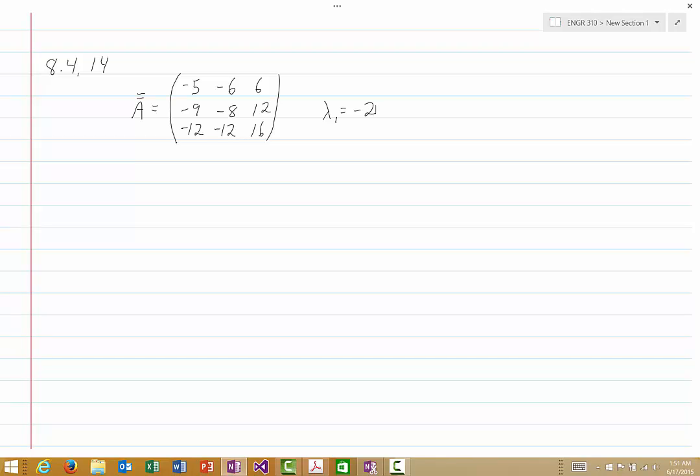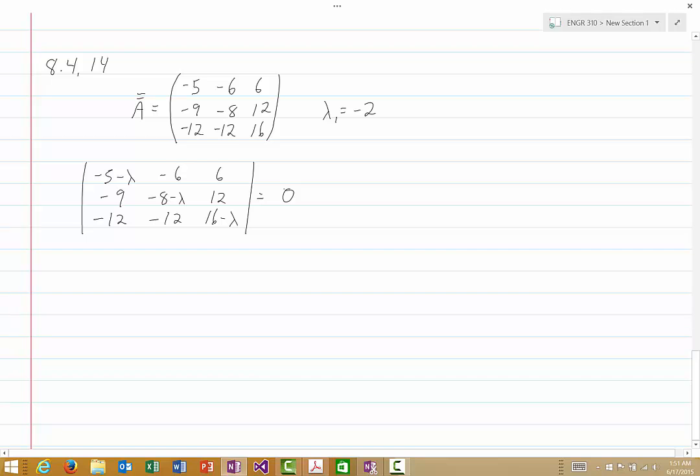Okay, when we set the determinant of A minus lambda I equal to 0, we get -5 minus lambda, -6, 6, -9, -8 minus lambda, 12, -12, -12, 16 minus lambda, is equal to 0.